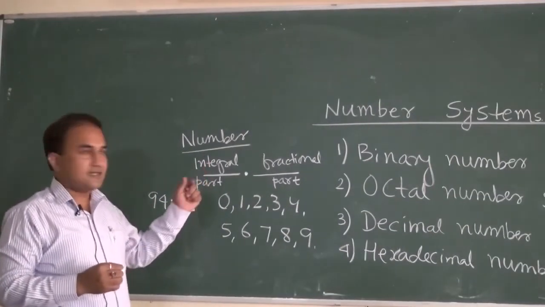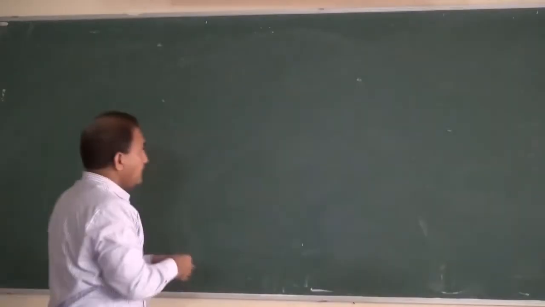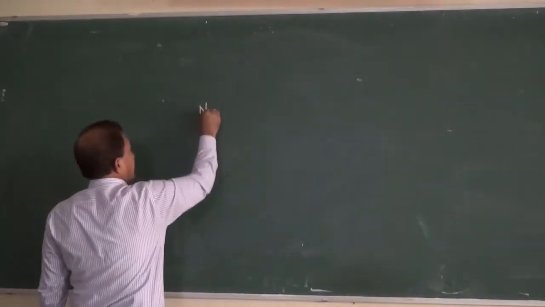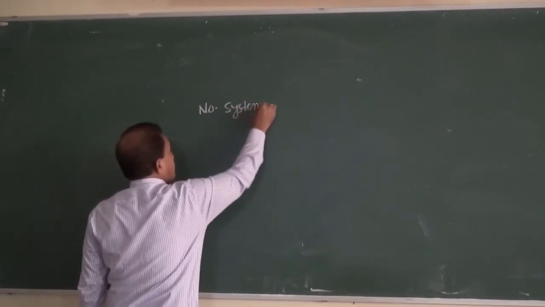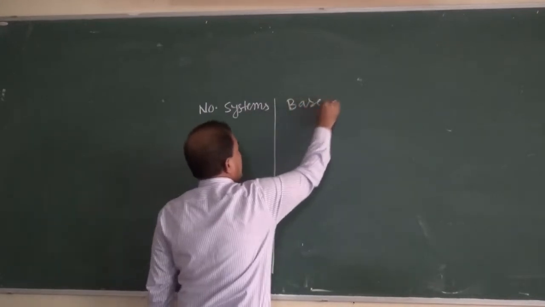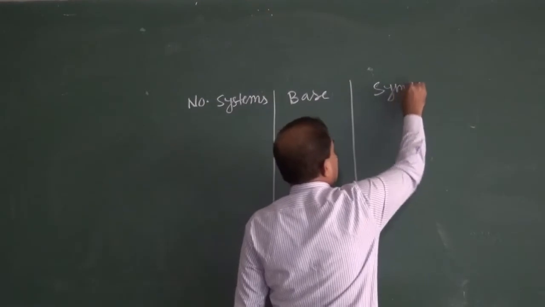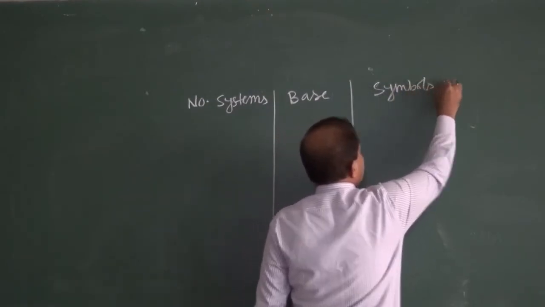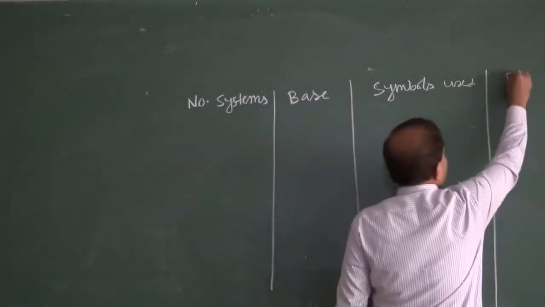So I will discuss with you all about these 4 number systems. First is about different types of number systems: base, symbols used and examples.